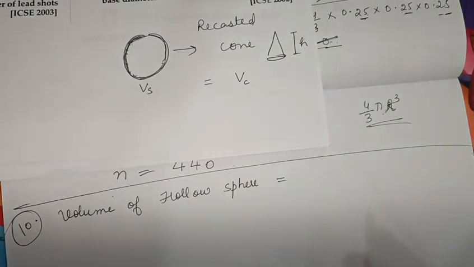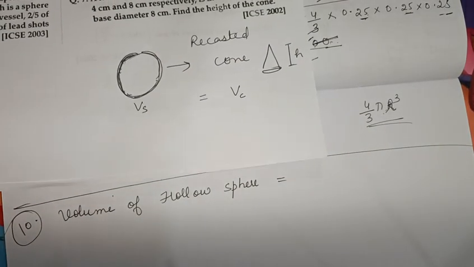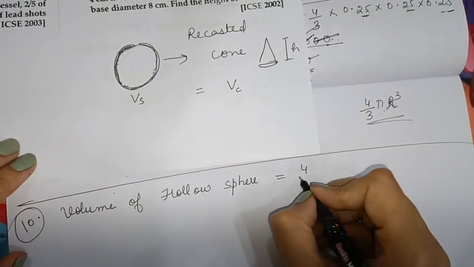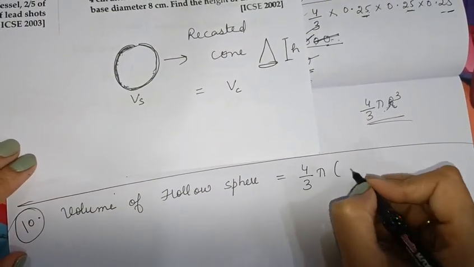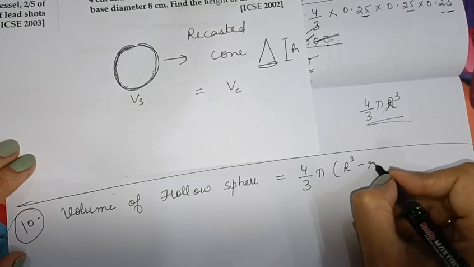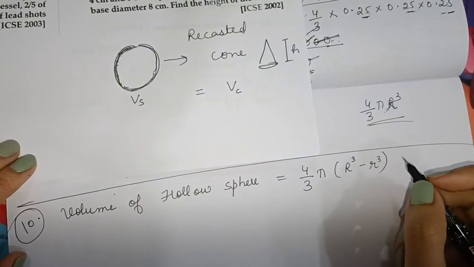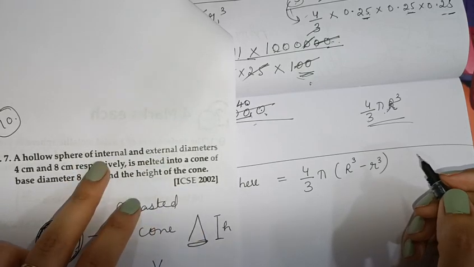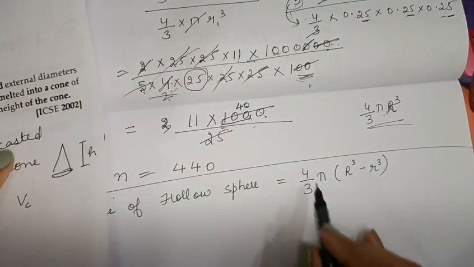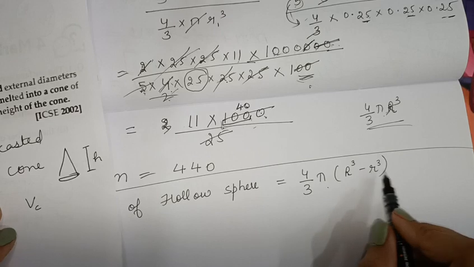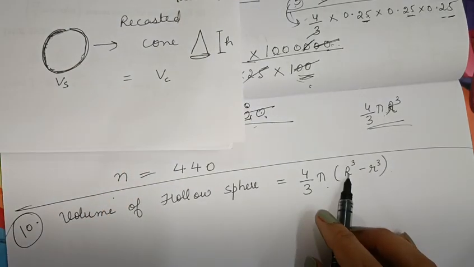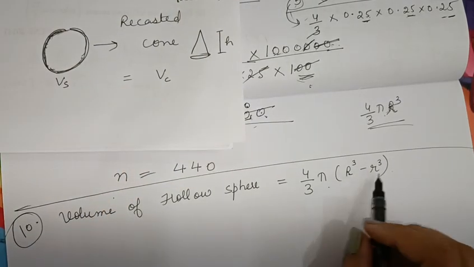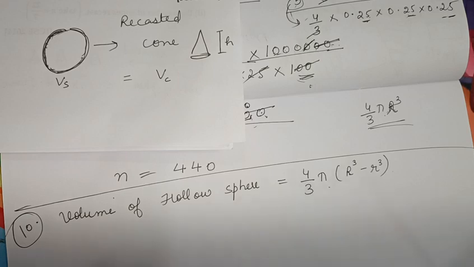Now 2 r's we have, external and internal. So its formula will become 4 by 3 pi (R cube minus r cube). One is external and another one is internal. So the formula is 4 by 3 pi, capital R cube minus small r cube. So this formula we will use here.